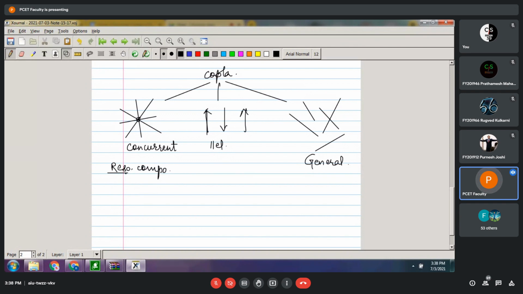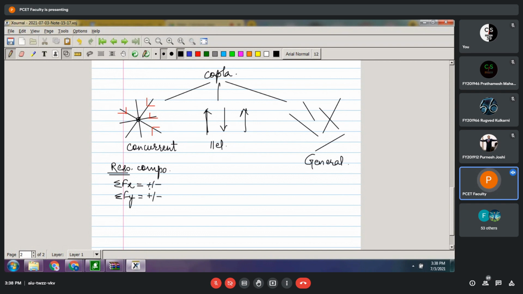In case of resolution, our first step is that whatever inclined forces are there, we need to resolve them into 2 perpendicular components. Every inclined force we resolve as per its quadrant, and accordingly I will go for summation fx as my first step, which will give me a plus or minus value, and summation fy as my second step, which will again give me a plus or minus value.